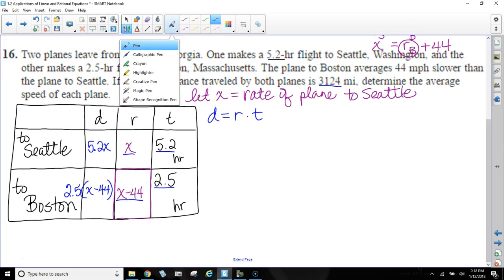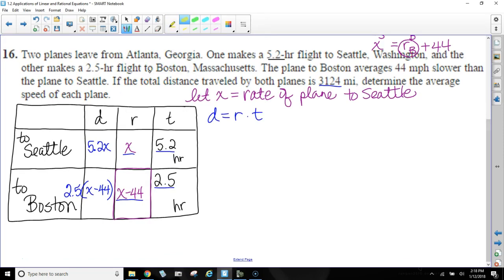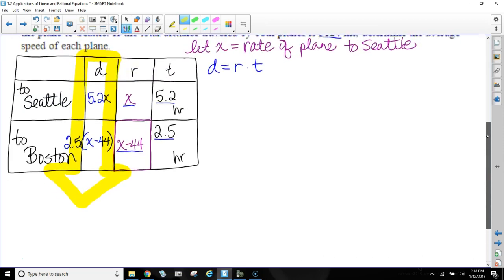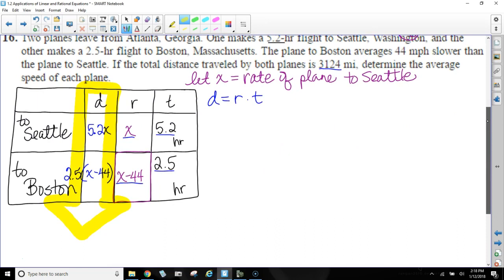Now, once we get two of these three columns figured out, we're going to use that third column, because there are our unknowns in x, to write the model for our word problem. There should be something in our word problem that tells us how the distances were related.